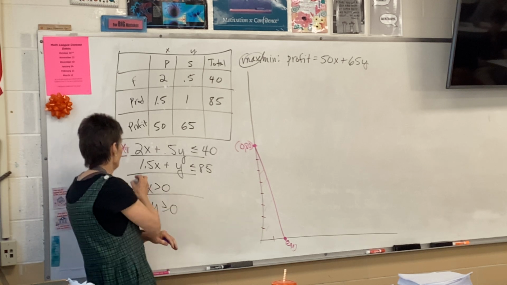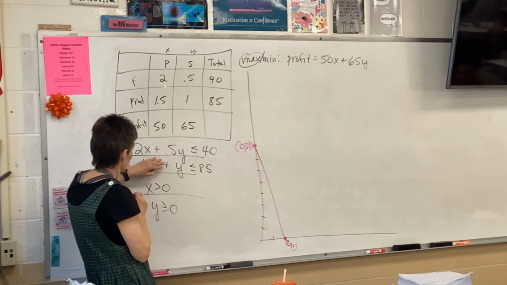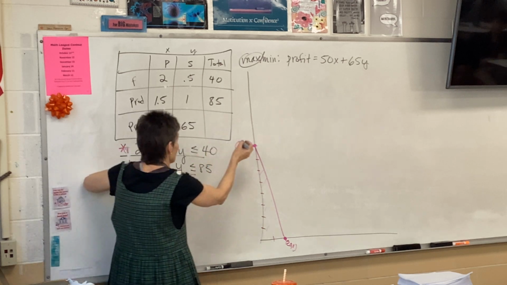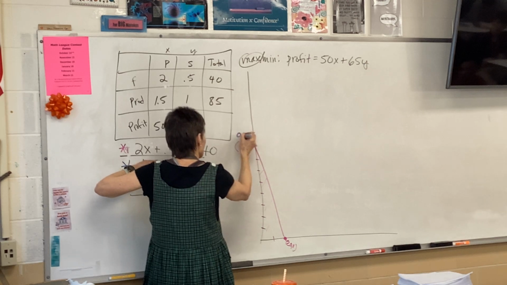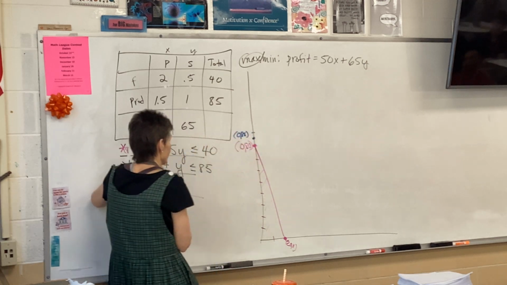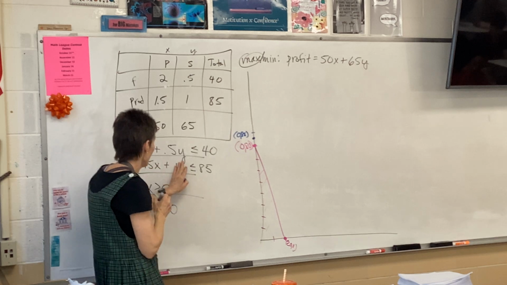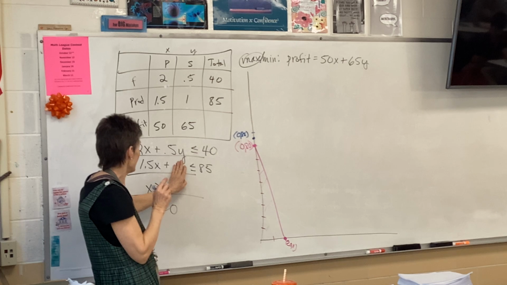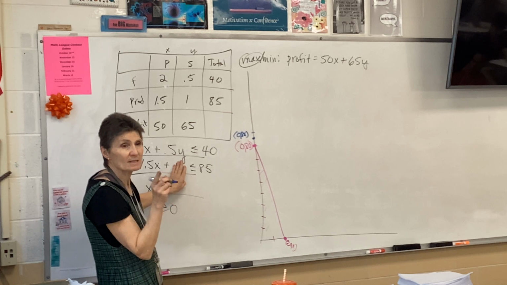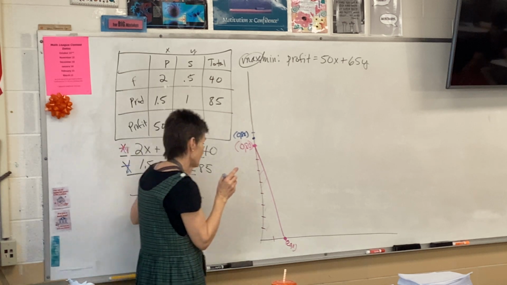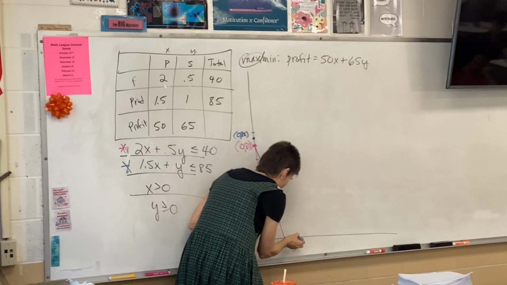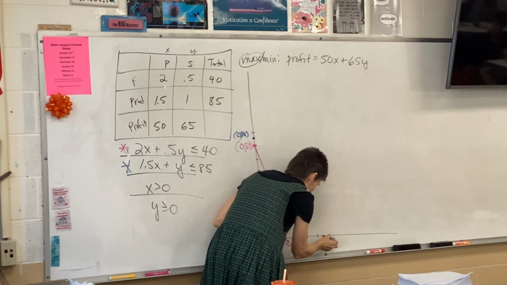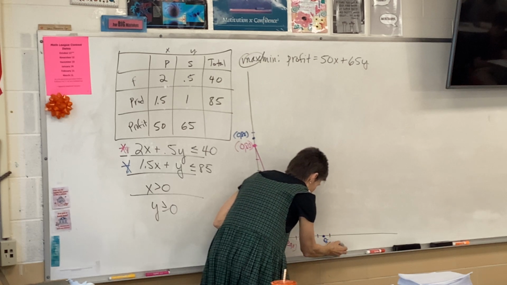All right, the blue equation. If I cover up x, then y is 85. And if I cover up y, this will be a decimal of some kind, but that's okay. 85 divided by 1.5 is 56.67. So like here, 56.67, she said.